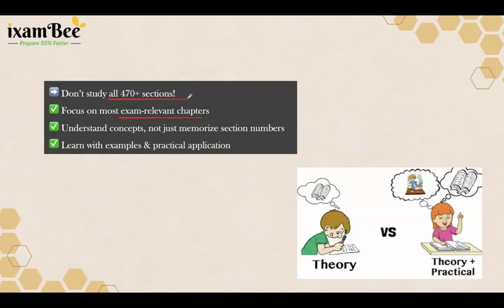We will cover only the most exam relevant chapters shortly. Third, prioritize what shows up repeatedly in mocks and PYQs, like definitions, incorporation steps, meetings, audits, and winding up. And that should be your focus area.